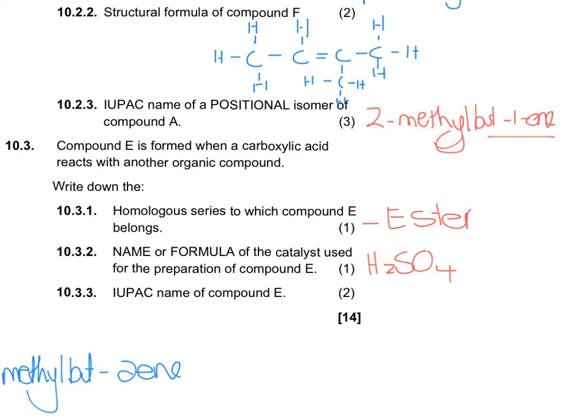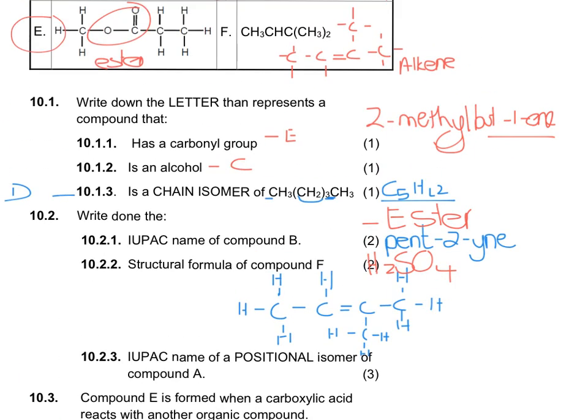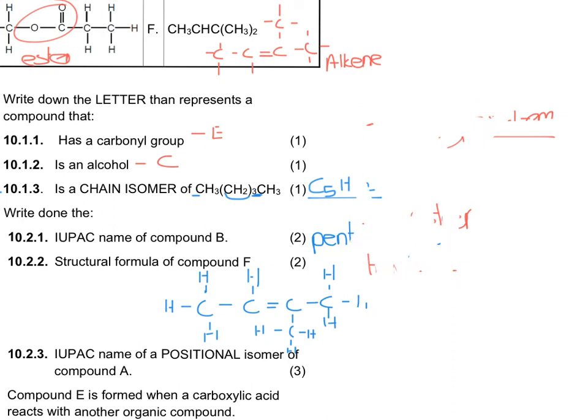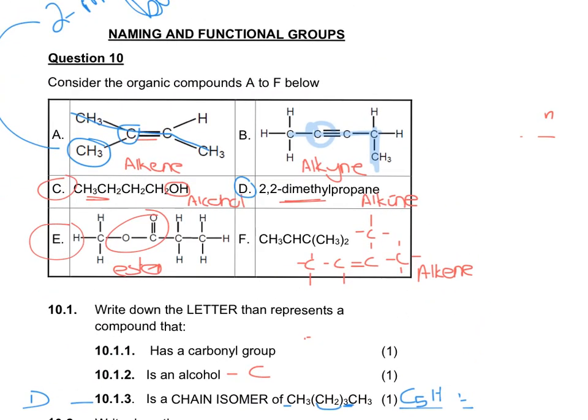Then they want you to name it. So, we go back here. Oh, look, I've got lots of things which I now want to just get rid of because it's doing all sorts of weird things. All right, so let's just get rid of that. Brilliant. Okay, let's go back here. Let's look at the ester.